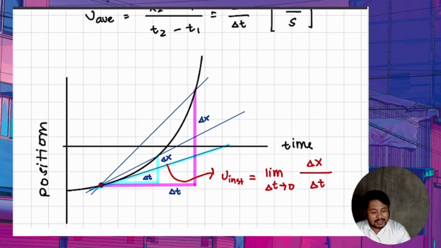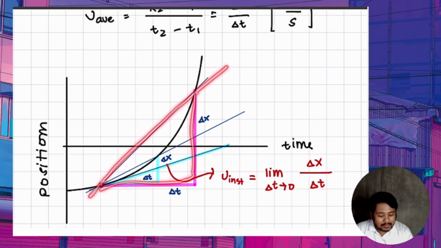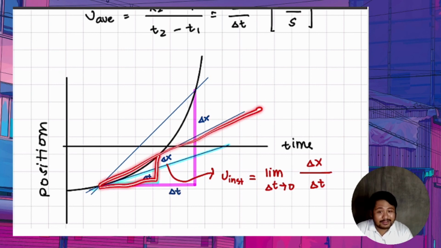So, ang nangyari dito is that paliit ng paliit ang ating time interval. If paliit ng paliit ang ating time interval, same, paliit ng paliit lang din si delta x. So, as you can see with this line, that secant line, if kukunin natin ang slope, delta x and delta t, could get the average. Paliitan pa natin, so naging ganito, paliitan pa wherein it will just be touching at one point lang.